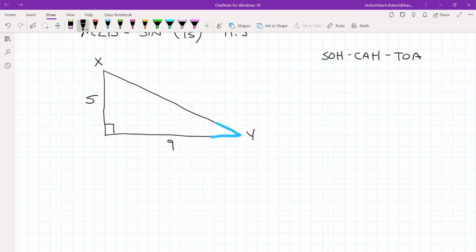The measure of angle Y is equal to, we've got opposite and adjacent. So we're using tan. Opposite side over adjacent side. All right, so 5/9, second tan, 29.05. We're going to call that 29.1.